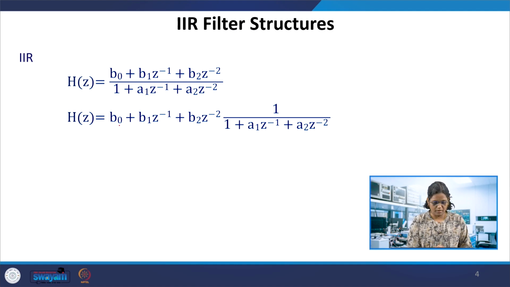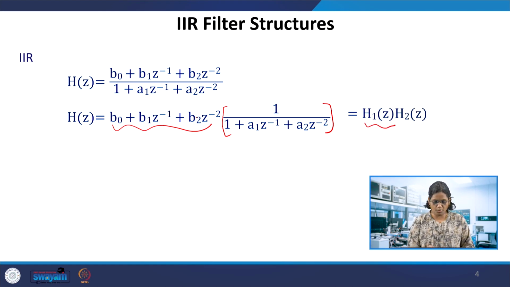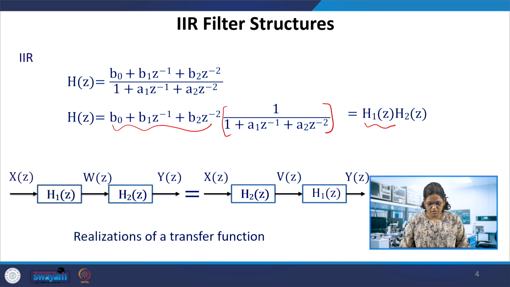To decide the multiplications, additions and delays used in the structure, we take the numerator separately and the denominator separately. For the cascaded version of H of z, we call the numerator polynomial H1 of z as a transfer function, and H2 is another transfer function. This is a cascaded transfer function, which is the convolution of H1 and H2.